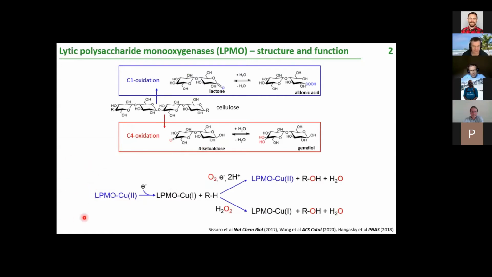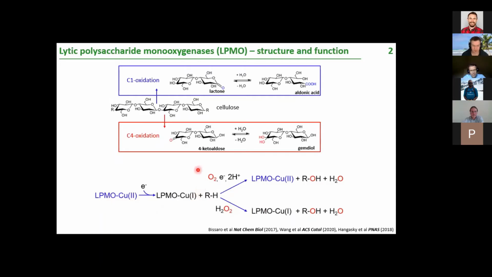Interestingly, what we have here is the beginning of catalysis. So initially, as I've told you, as we heard previously, we need external electrons to make this enzyme active. So we go from a copper 2 to a reduced copper 1 state, and only then the enzyme will interact with a co-substrate.